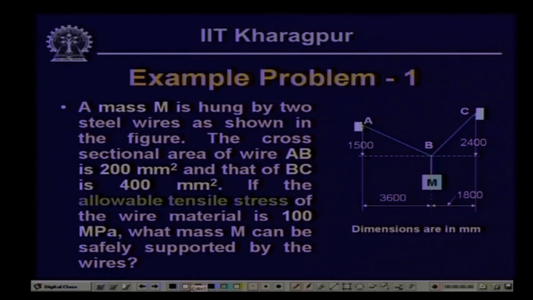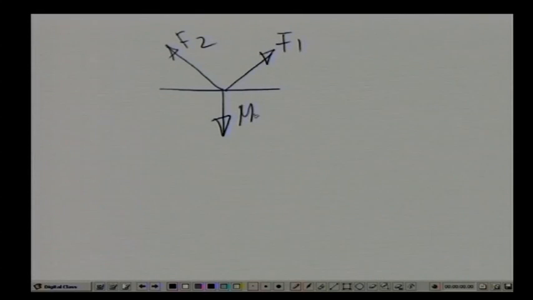Now, if we take the free body diagram of this particular part, there will be a force F1 to balance it, reactive forces, and here there will be a force F2 to balance it. If we draw the free body diagram of this whole part, then we have F1 in this direction and F2 in this direction, and the mass which is hanging from this point.